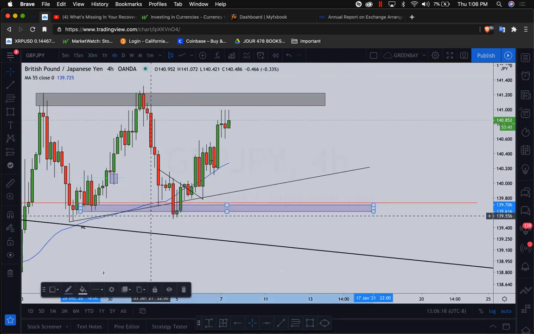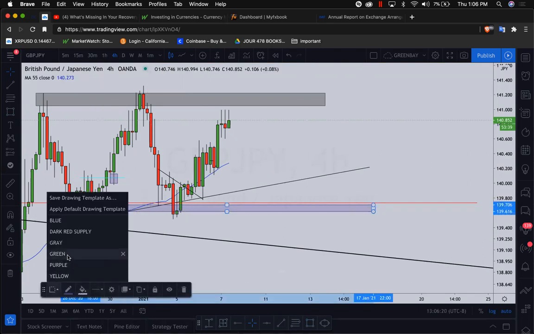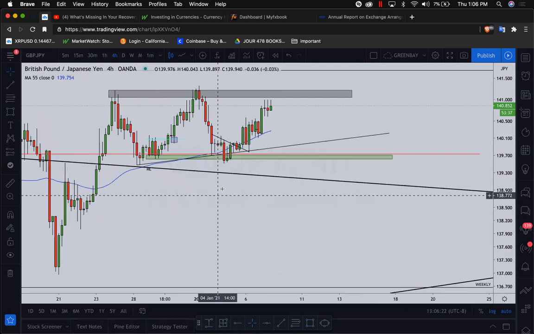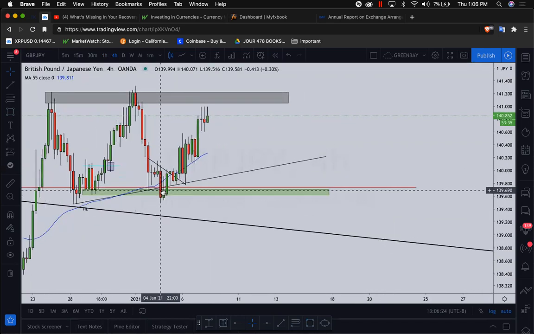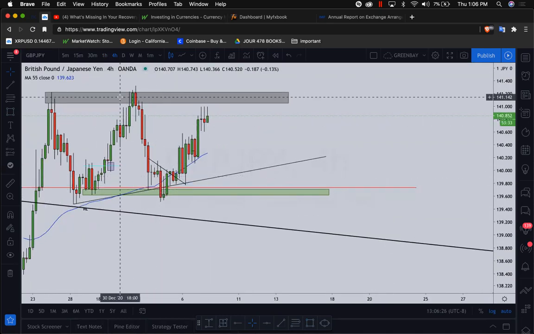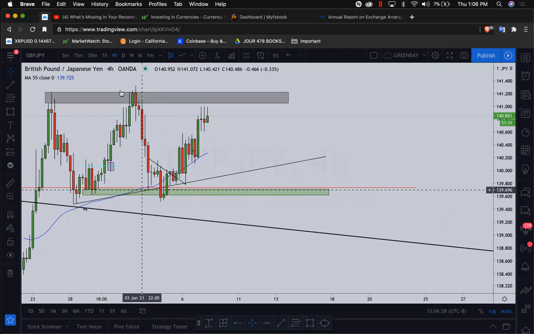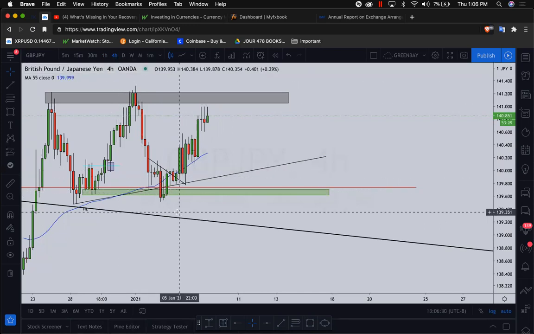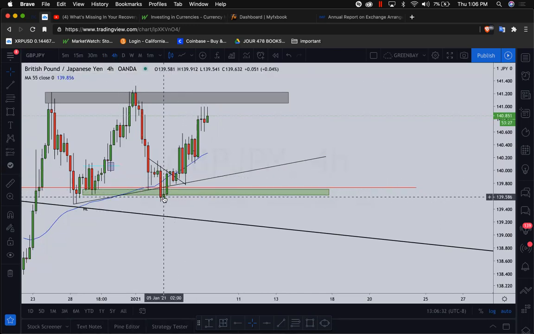Given that this area was ultimately tested after I saw this bearish candle, I was alluding to it almost breaking. But then it tested with that next bullish candle, because we needed two in the same direction to be considered a break, and we didn't get that. We got this doji type bullish candle.